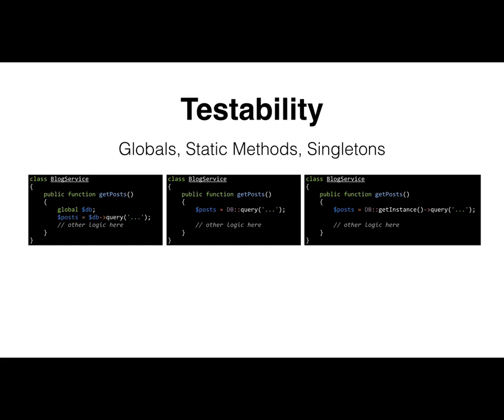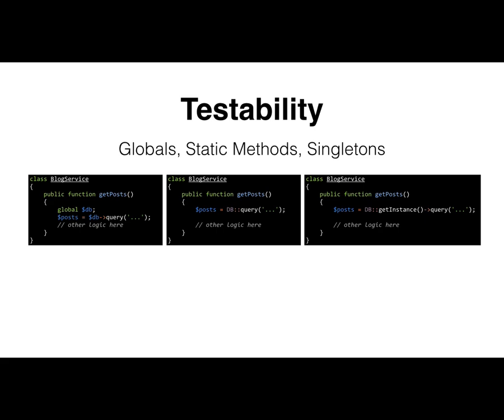Global, static methods, and singletons are essentially the same thing, pretty similar. With globals, you're pulling things out of nowhere. The value of this global variable can change between methods. You don't know where things are coming from. Using static methods, you can kind of override static methods.